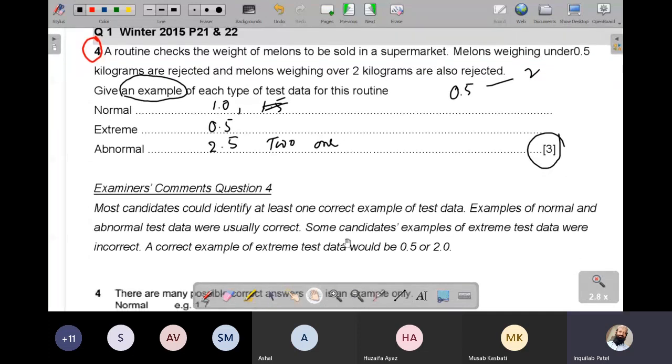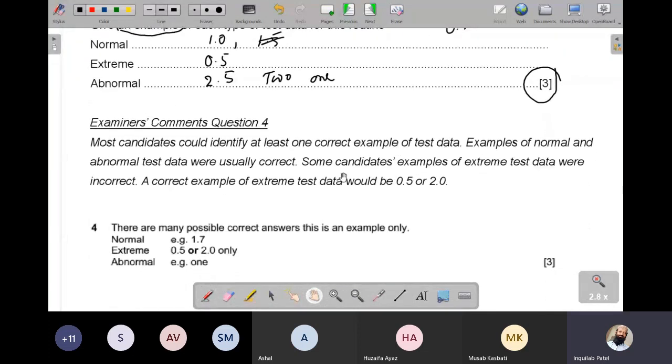Now, the examiner's comments. Huzaifa, read the examiner's comments. Most candidates could identify at least one correct example of test data. Examples of normal and abnormal test data were usually correct. Some candidates' examples of extreme test data were incorrect. A correct example of extreme test data would be 0.5 or 2.0.